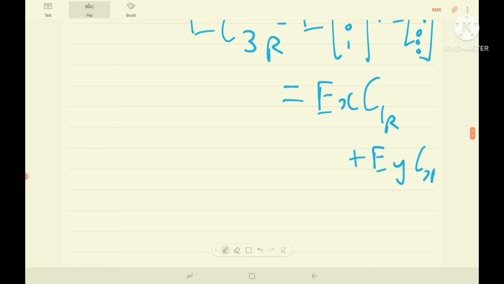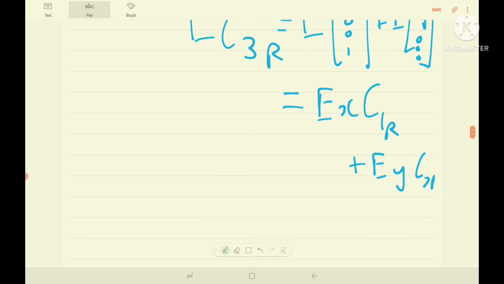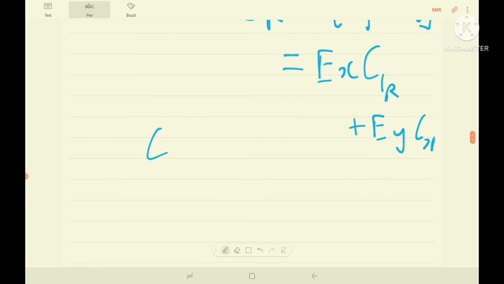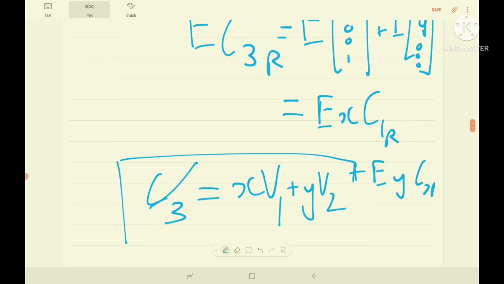Now this is something to think about. This definitely proves that column 3 of our initial matrix, which is V3, is equal to x times V1 plus y times V2. This is actually true in general.